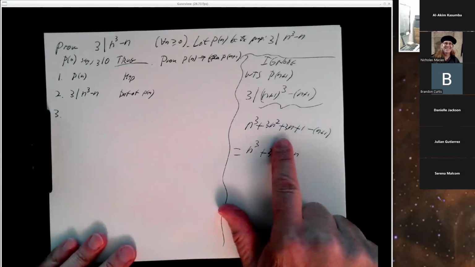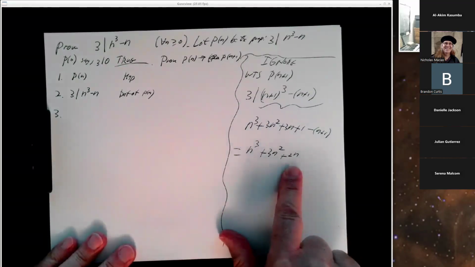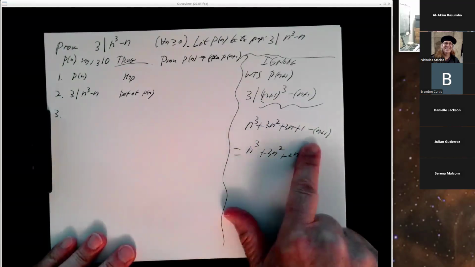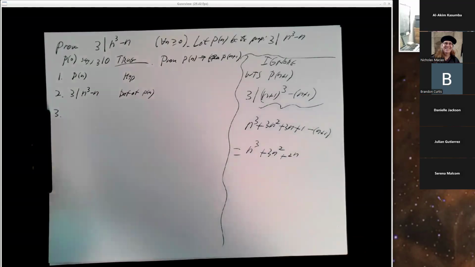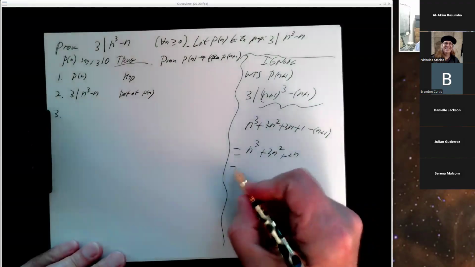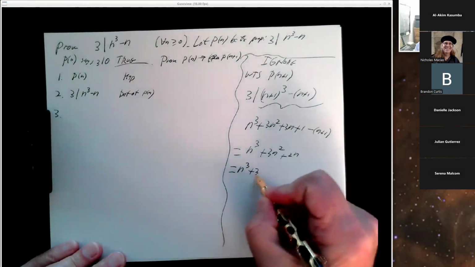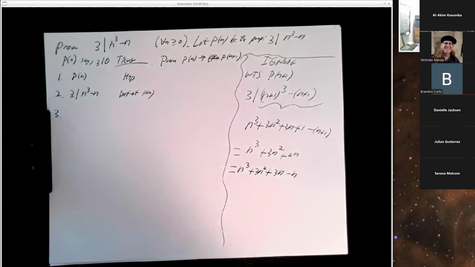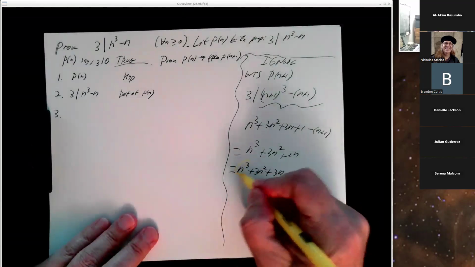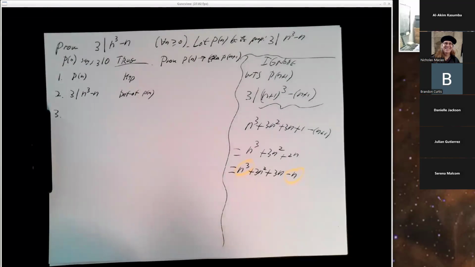So I combined everything I could up here, but if I look at this again, notice I had a minus n right there. Now I combined the 3n and the minus n to get 2n, but if I hadn't done that, I could have left it in that form, and now there's my n cubed minus n.